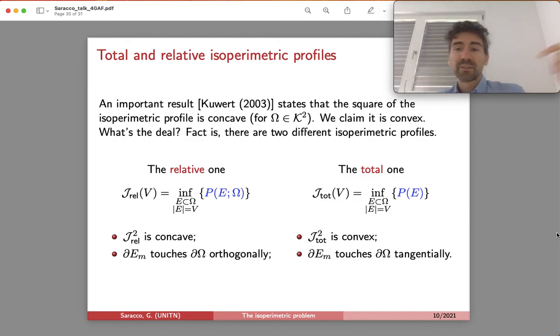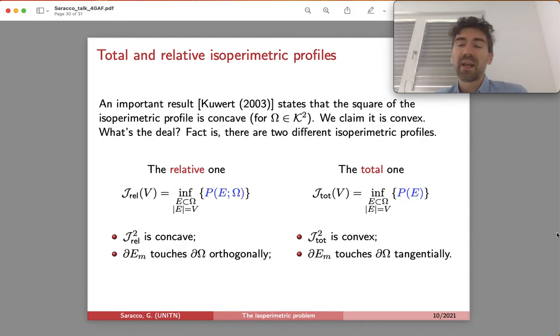You can consider the relative one, where you minimize the relative perimeter of E inside omega. That is, in this case, the perimeter of E inside omega, whenever your set E has some boundary in common with omega, that counts 0 in the energy. So you can stick to the boundary of the box for free.